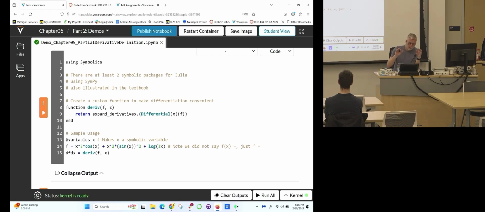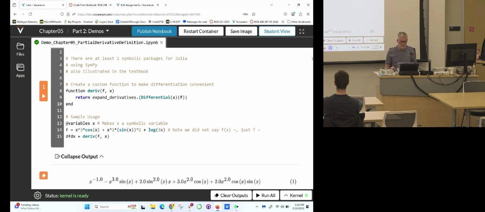And SymPy is a Julia front end into the Python thing. Now, for better or for worse, there's much more use of Python in the world thanks to machine learning, and so the symbolic toolbox is more developed in Python. Symbolics is a little bit easier to use, so you can use either one you want.